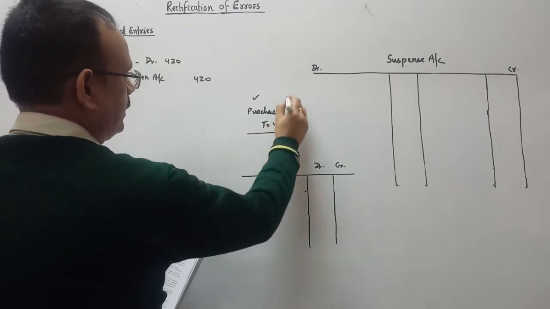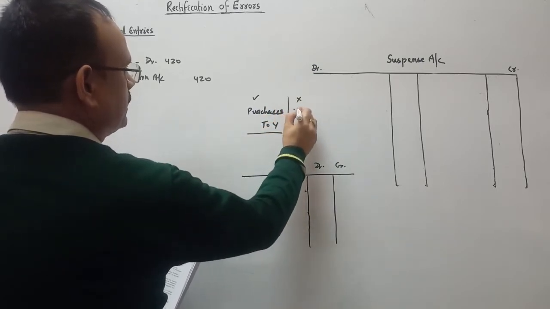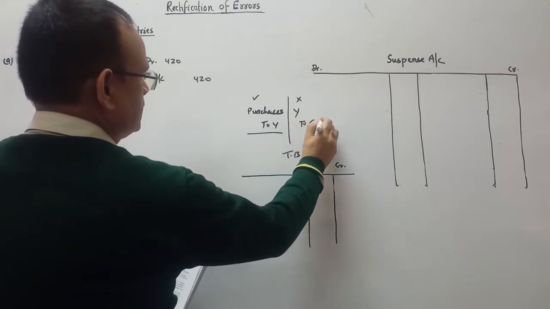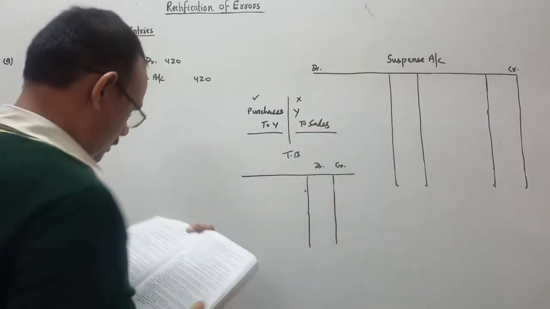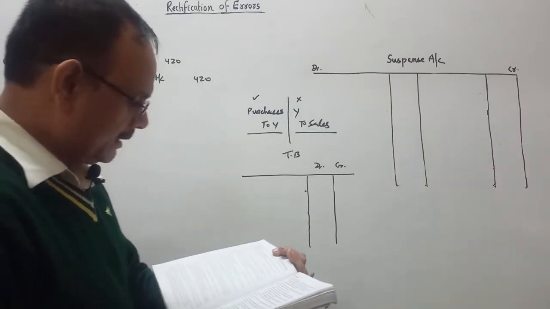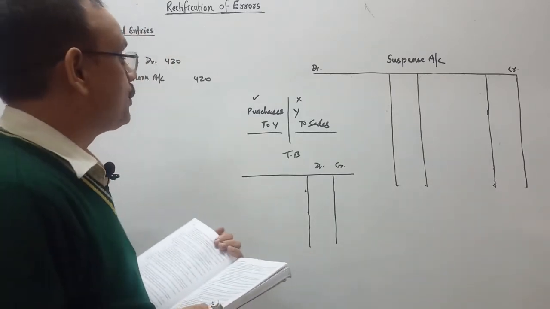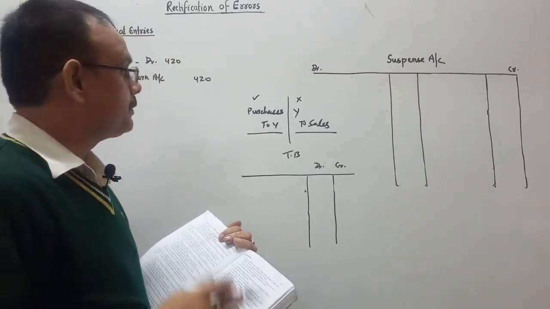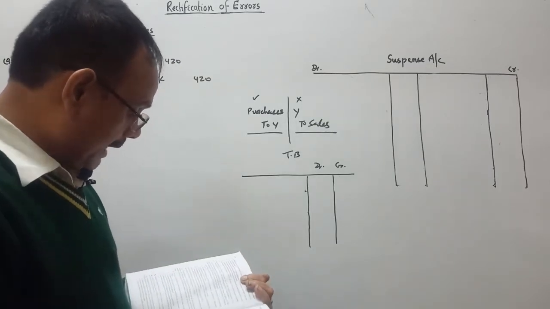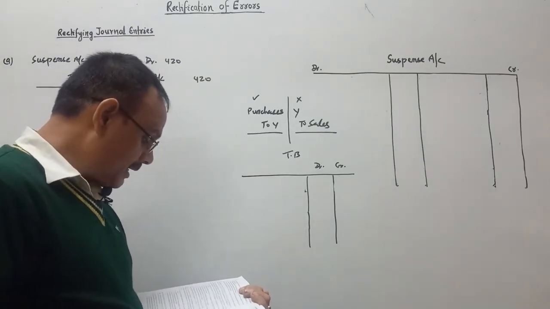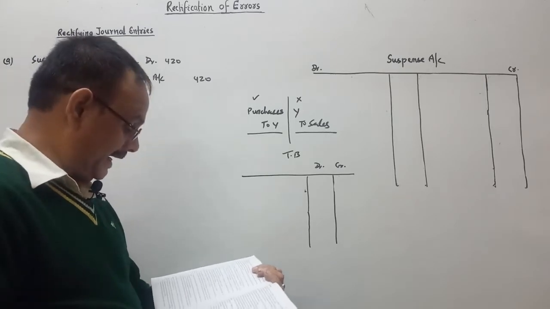But our accountant has done Y's account debit to sales account. It is wrongly entered in the sales book. But thereafter it is written that, however, Y's account has been correctly entered.